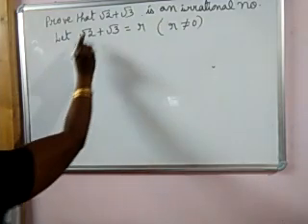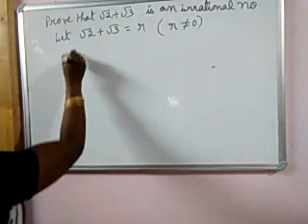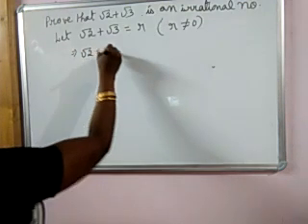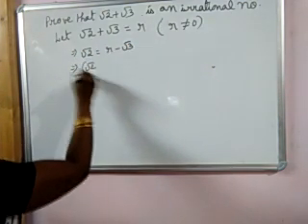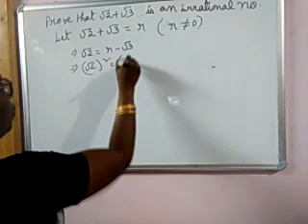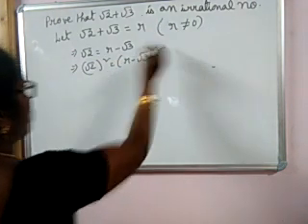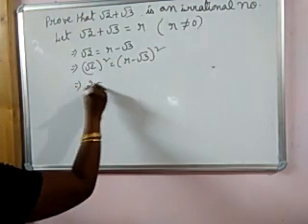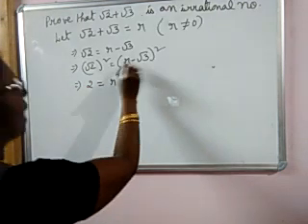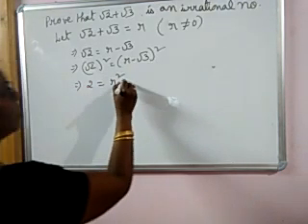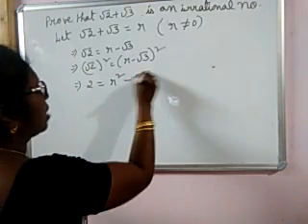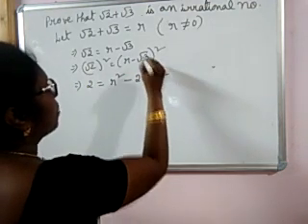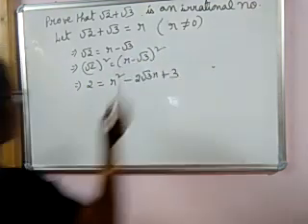Clear? If root 2 plus root 3 is R, root 2 equals R minus root 3. Let us square both the sides. Root 2 square equals R minus root 3 whole square. That implies 2 equals R square, and it is like A minus B whole square: A square minus 2AB, which is 2 into R into root 3, that is 2 root 3 R, plus B square, root 3 square is 3.